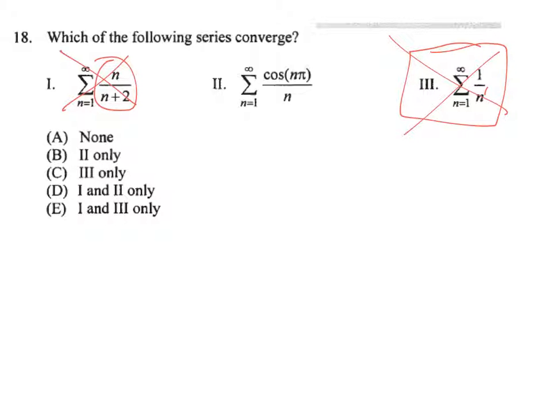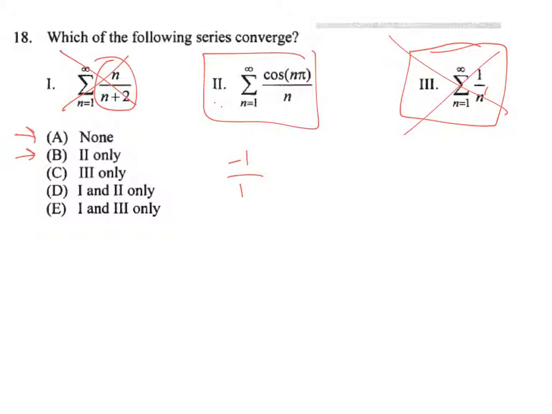So now we're down to two possibilities, either A or B. And the question is, does this guy converge? I think on the quiz I gave one similar to this, but if you start looking at some values, you plug in some values. So when n equals 1, what happens? Well, at n equals 1, you get cosine of pi, which is negative 1, over 1.